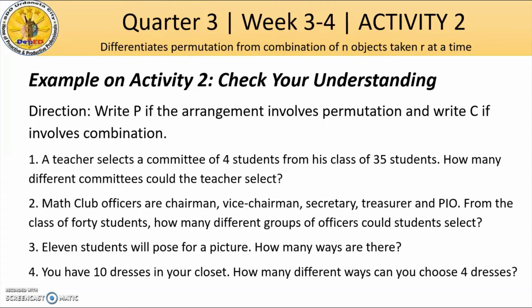Math club officers are chairman, vice chairman, secretary, treasurer, and PIO. From the class of 40 students, how many different groups of officers could students select? Number 3. 11 students will pose for a picture. How many ways are there? And number 4, you have 10 dresses in your closet. How many different ways can you choose 4 dresses?